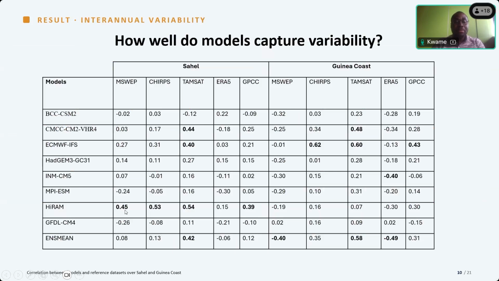When you check, the HIRAM model was able to get statistical significance for MSWeb, CHIRPS, and TAMSAT over the Sahel, together with GPCC. However, when it comes to the Guinea Coast, it was the ECMWF model that was able to get a better correlation with CHIRPS and TAMSAT, which is way greater than the correlation observed over the Sahel, and the results were statistically significant.